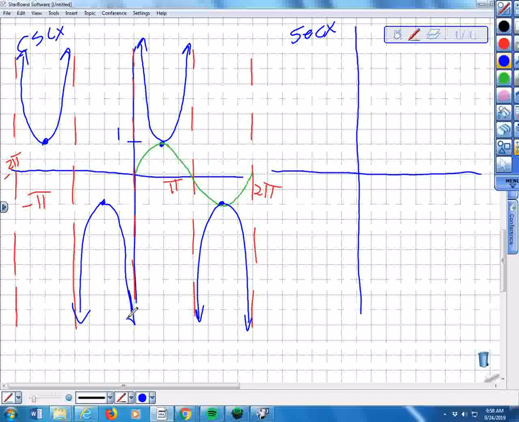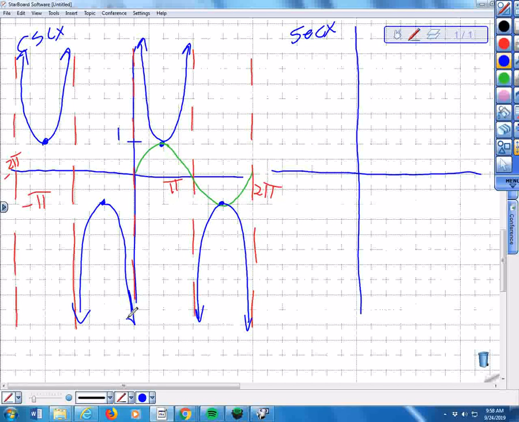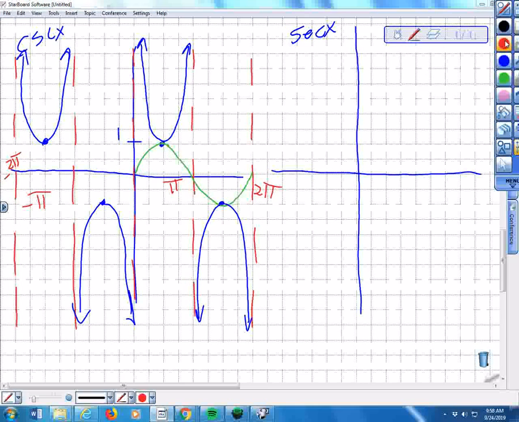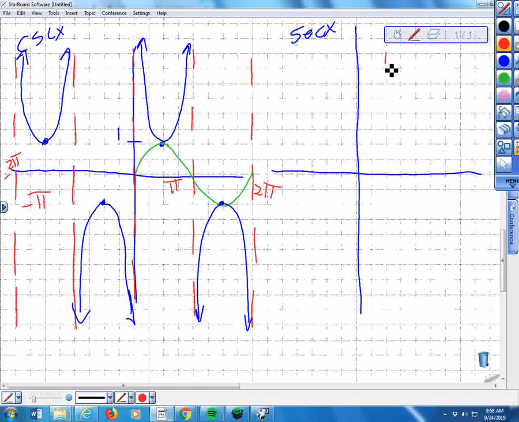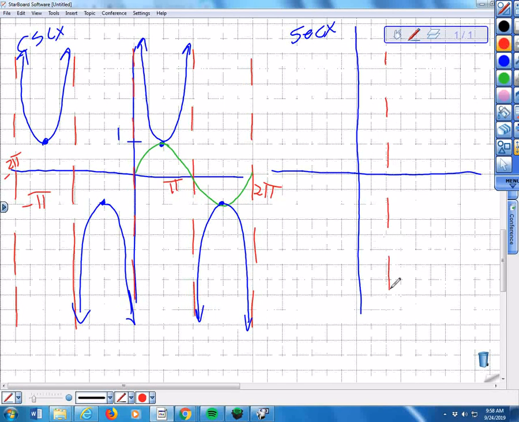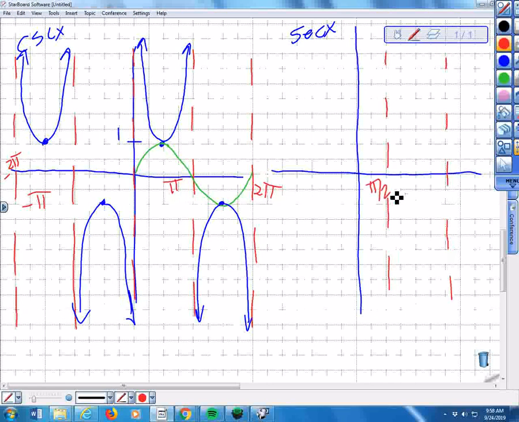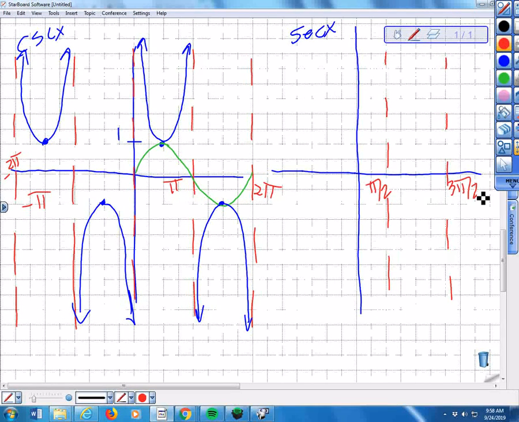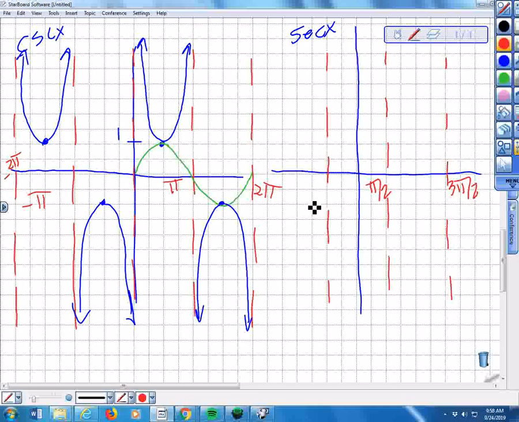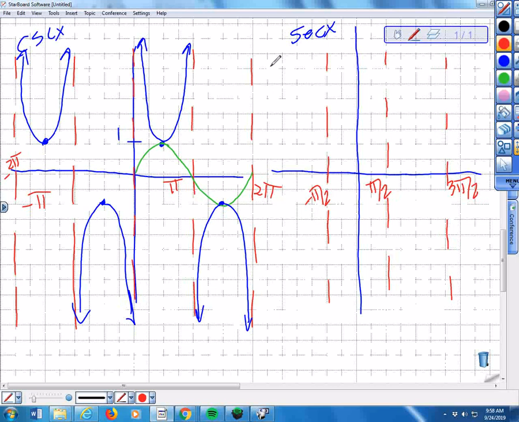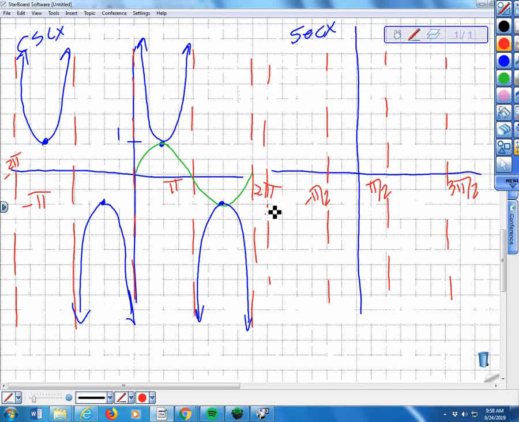Now, if we do the same thing for secant, it's 1 over cosine. Cosine is 0 at pi over 2, 3 pi over 2, and so on, and negative 3 pi over 2.